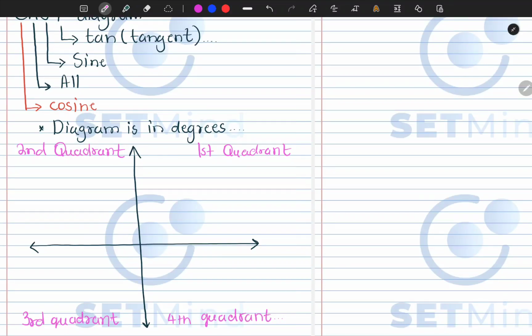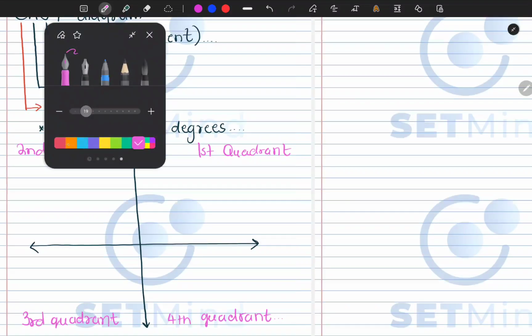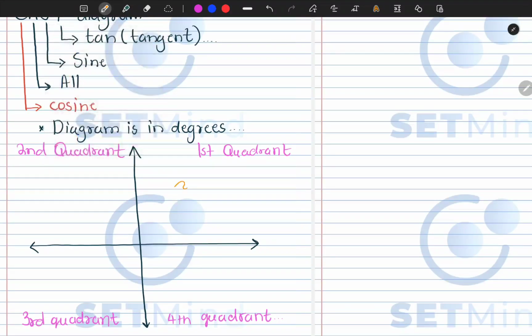What is very important is to understand where the trig ratios are positive. In the first quadrant, all of the trig ratios are positive, so the A here stands for all.